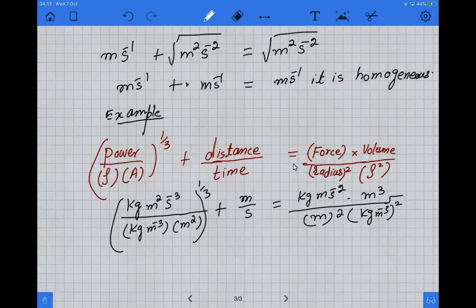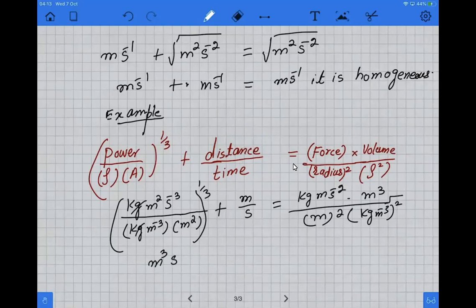Now the first unit will become kilogram is cancelled with kilogram, and it will become meter power 3.